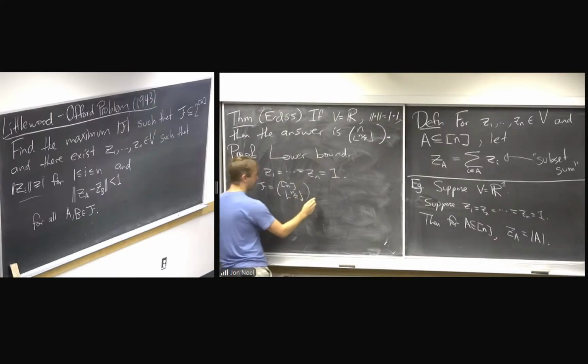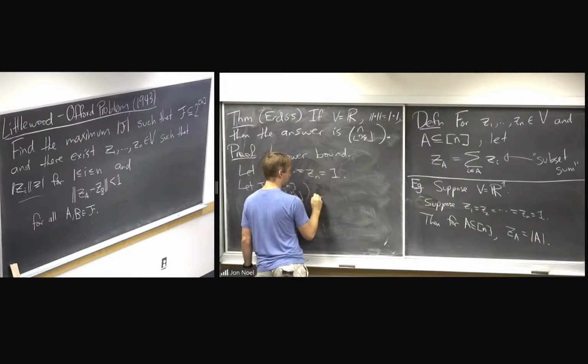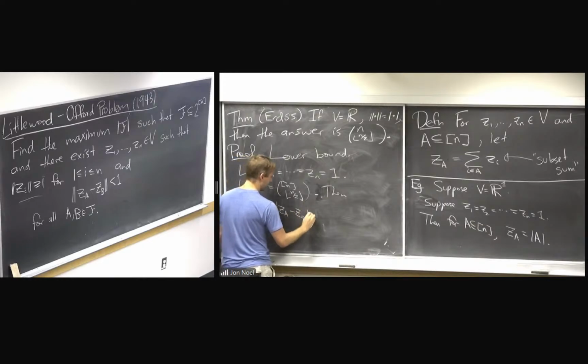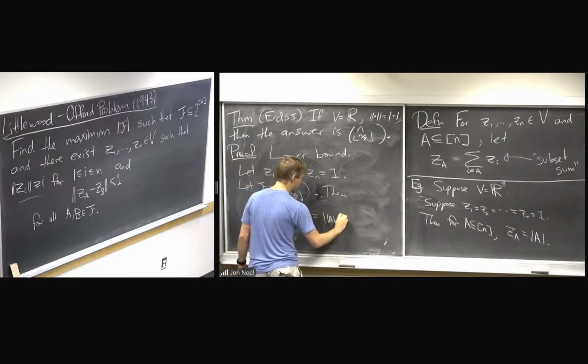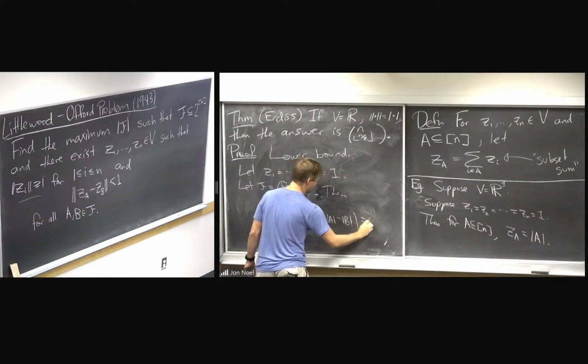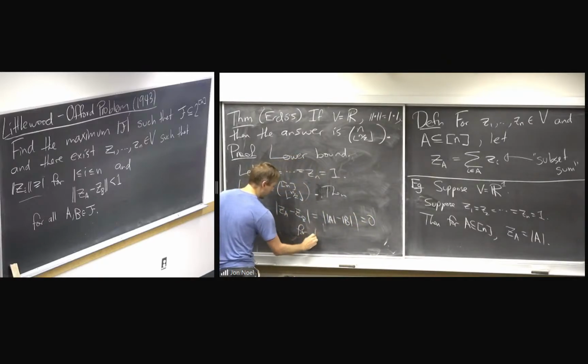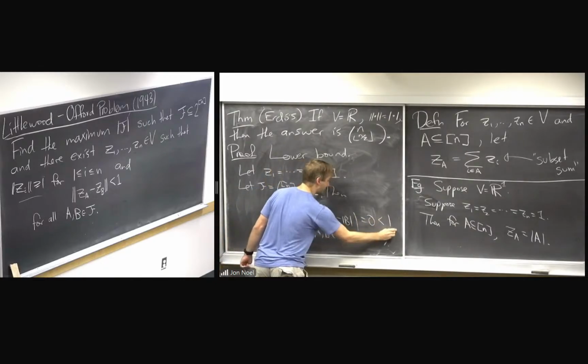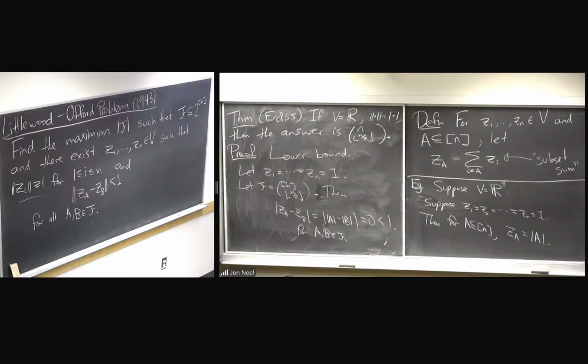And then, if I take ZA minus ZB, that's just the cardinality of A minus cardinality of B, which will just be 0 for any two sets in F. And 0 is less than 1, right? So this gives us a construction. Now we have to prove the upper bound.